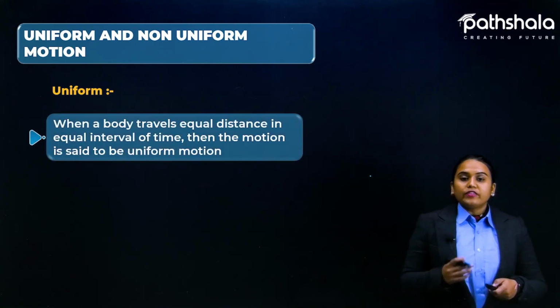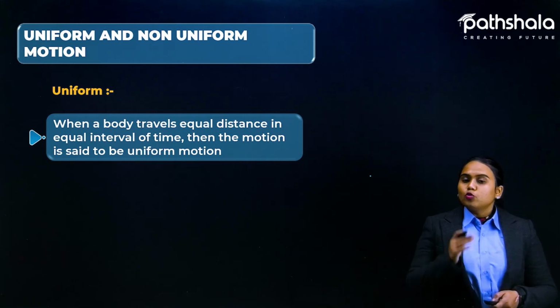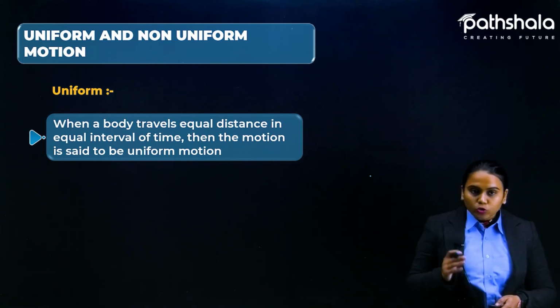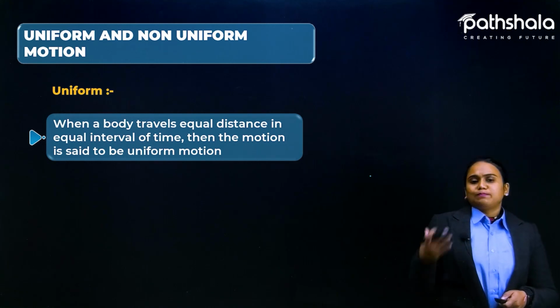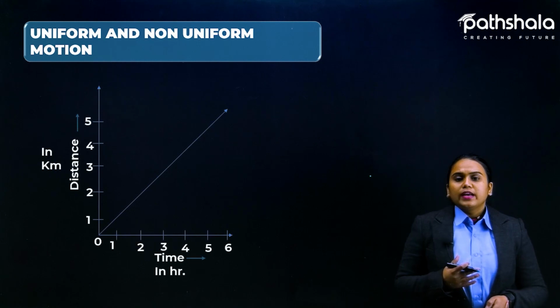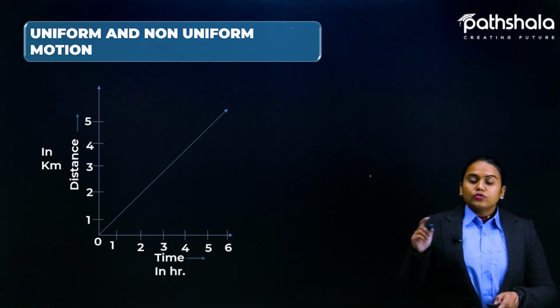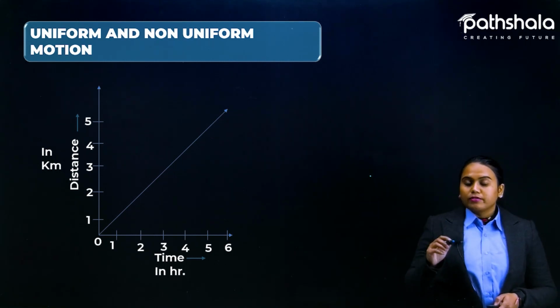When a body travels equal distance in equal intervals of time, then the motion is said to be uniform motion. Let me explain it with a diagram, okay? Let us have a graph like this. You can see there is a distance and time graph.